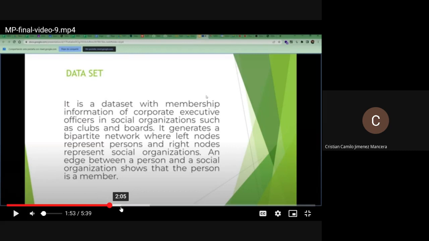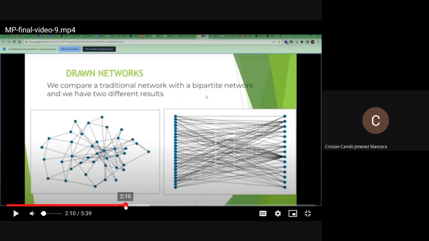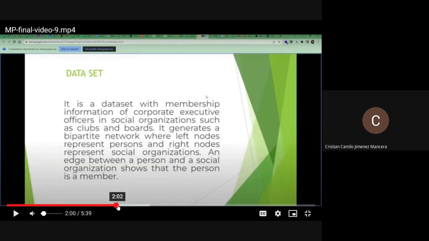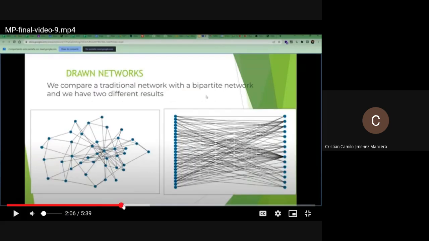So we create two different schemas, or two different networks, and in the left one we use the centralities like in a normal network, and in the second one we use the centralities like in a bipartite network.